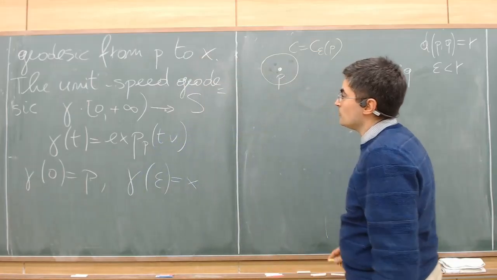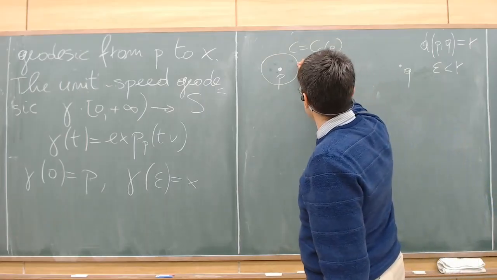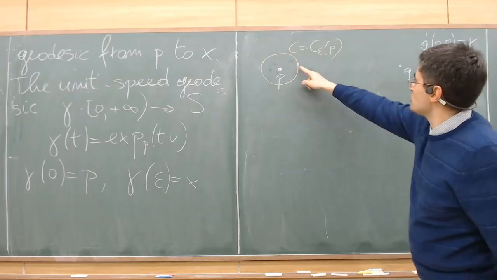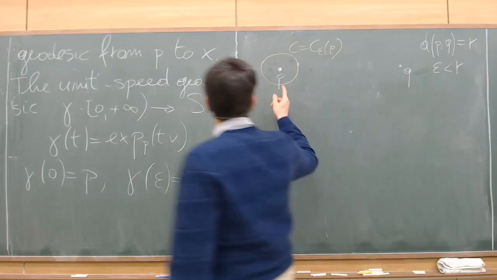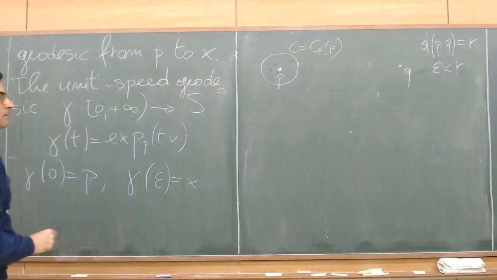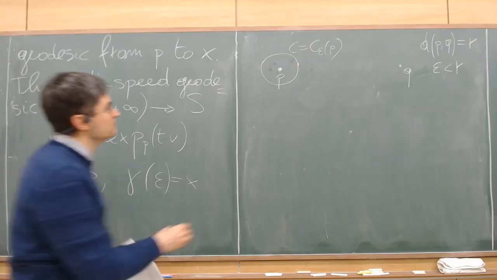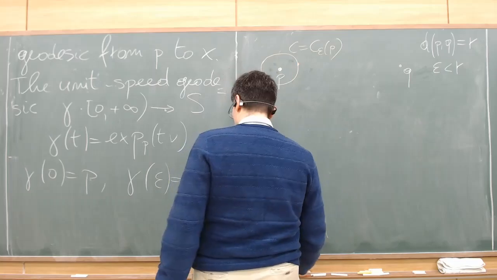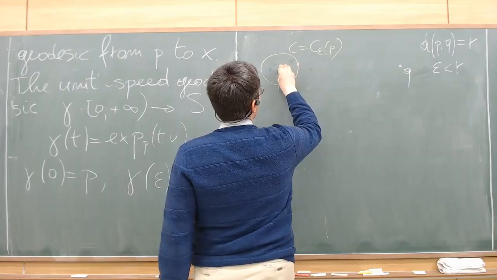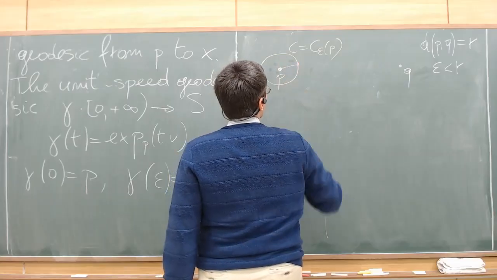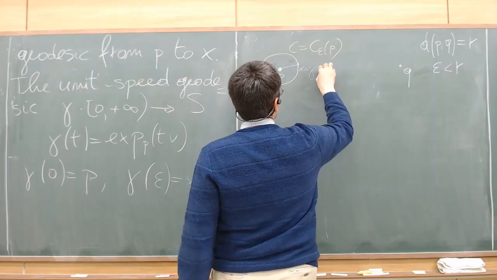So we said that X, which is the closest point to Q, is connected to P by a minimizing geodesic. For example, we use the blue color. This is X equal gamma(epsilon).